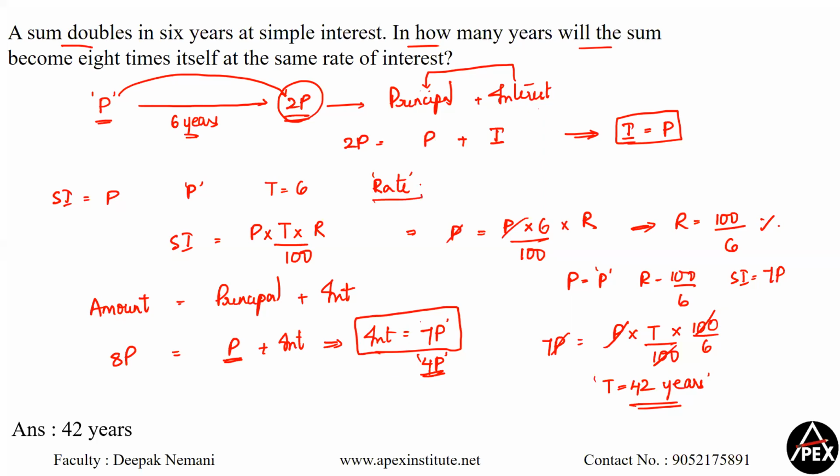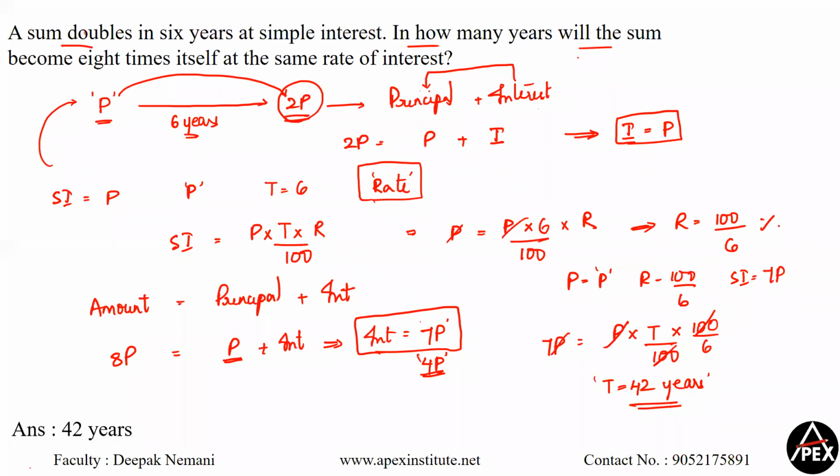You need rate. Can we calculate rate? Yes, by using this. Why are we given with this statement? A sum doubles in 6 years at simple interest. So you are given with simple interest, principal and 6 years. Okay, what is required? Rate of interest. So you need to identify that, find the rate of interest.